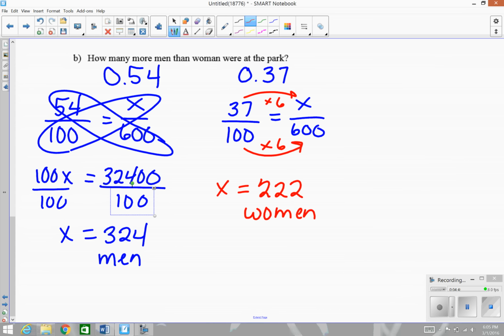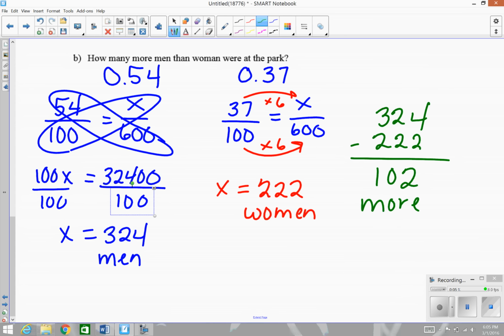Now you have to be careful. You have to go back and reread the question. They wanted to know how many more men than women were at the park. So our final step here is to subtract. 324 men minus 222 women equals 102 more men than women.